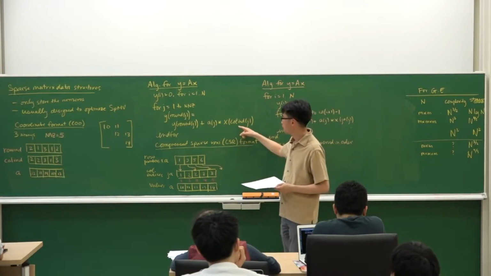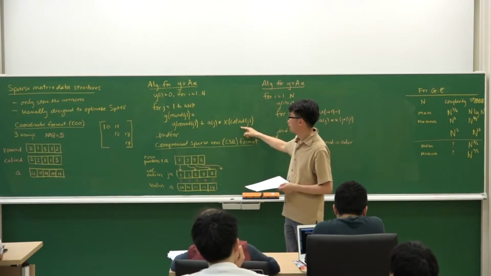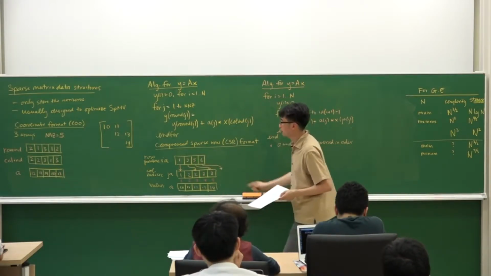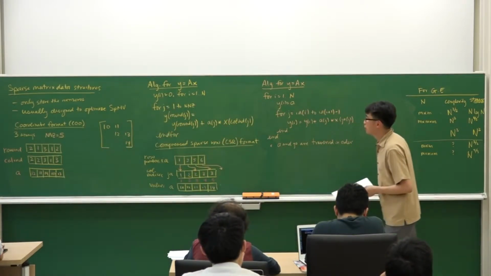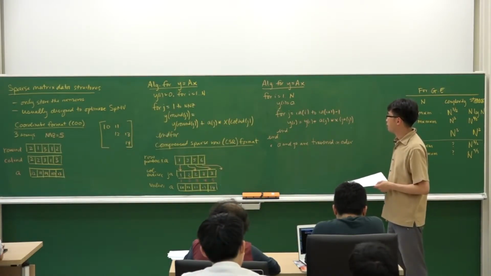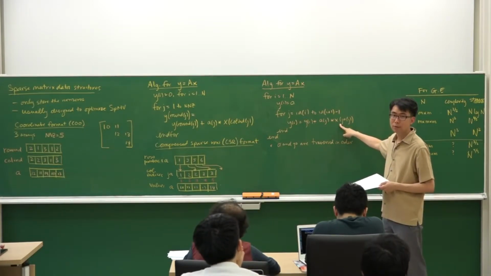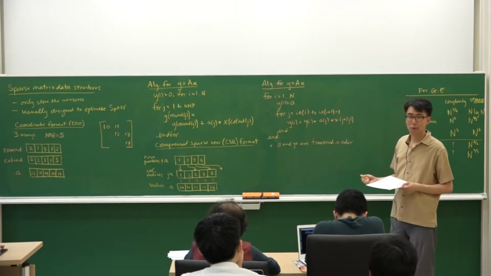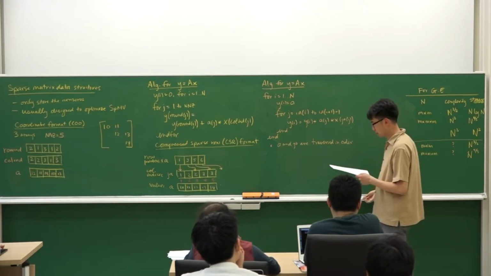Similarly over here, all of these elements are traversed in order for this coordinate format. But the elements of x are not traversed in order. Okay, so traversing in order has some advantage for computing because you can predict how memory is going to be accessed.